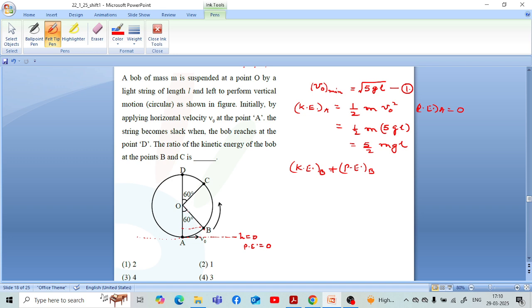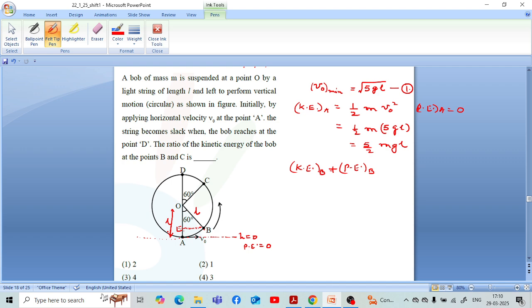For example, this length OB is L, and the total length OA is also L. Now suppose we draw a perpendicular from point B to line OA, and suppose it meets at some point E. Then we have to calculate the value of EA.